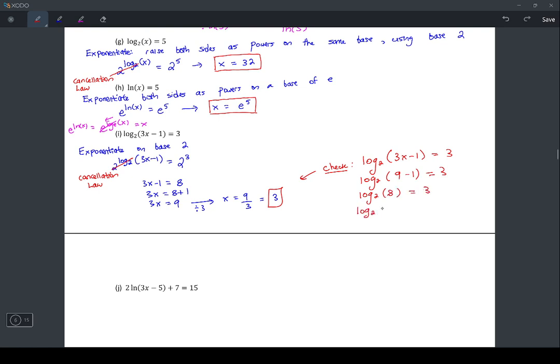And 8 is the same thing as 2 to the power of 3. We have a cancellation law here. And we get 3 equals 3. So it worked. Left-hand side is equal to right-hand side.